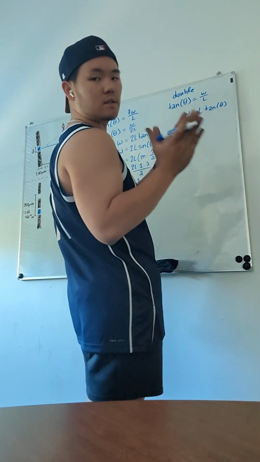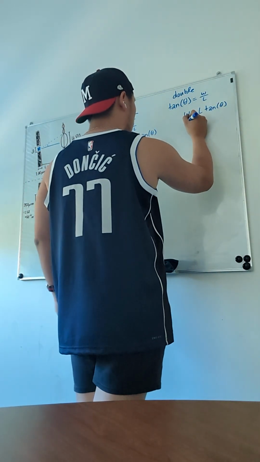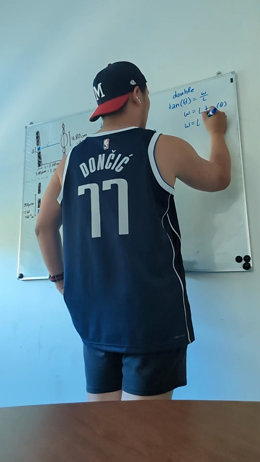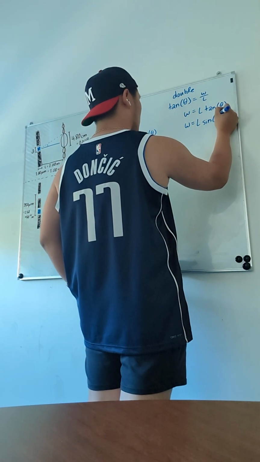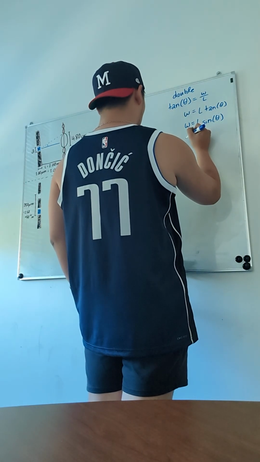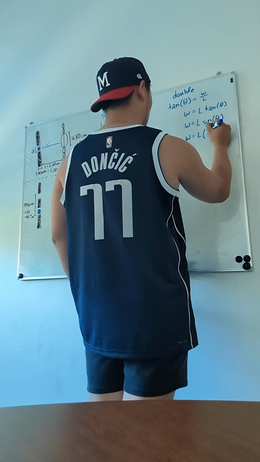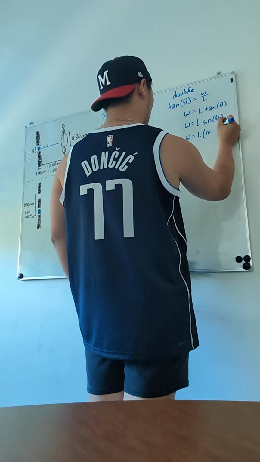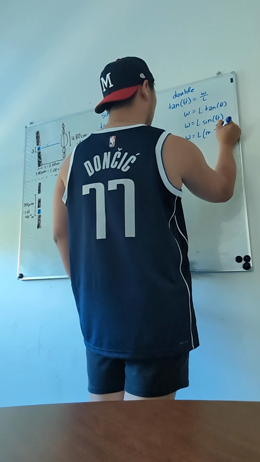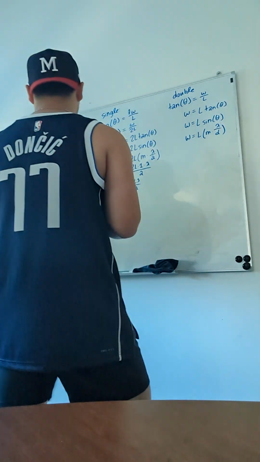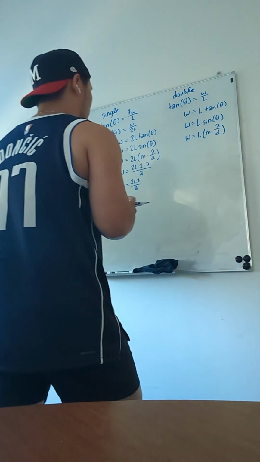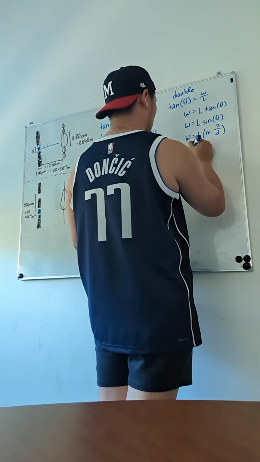If the angle is infinitesimally small, it's basically the same as sine. So we get W equals L sine theta. And then we can translate that into W equals L m lambda over D. We're just going to use 1 for m.